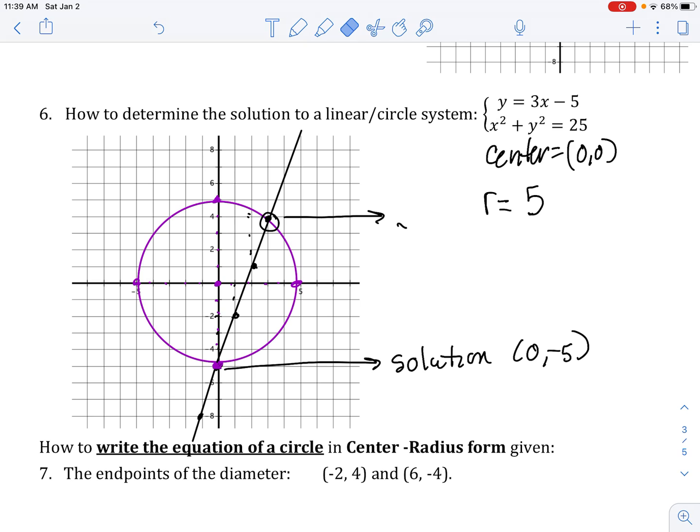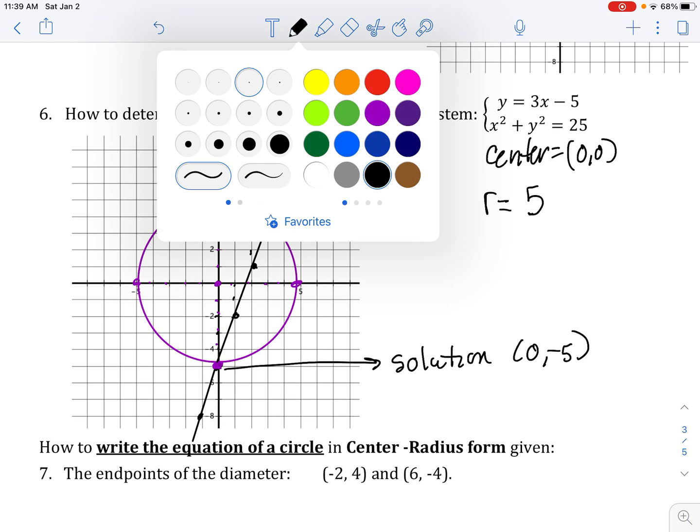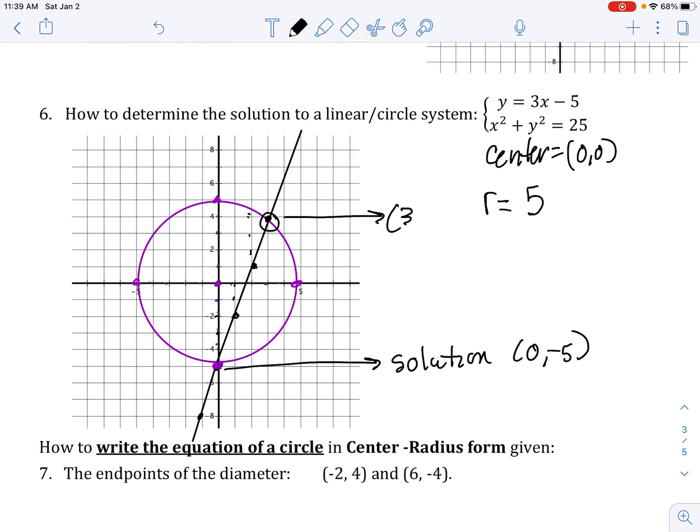So my second solution is at (3, 4). So those are my two solutions, (3, 4) and (0, -5).